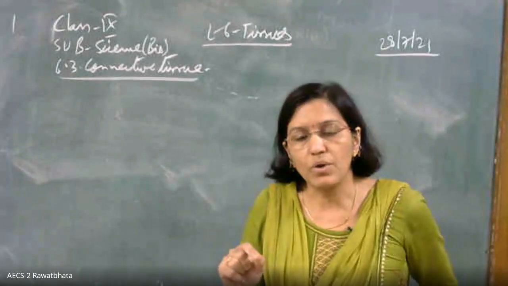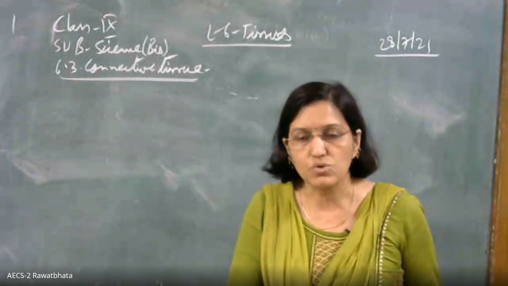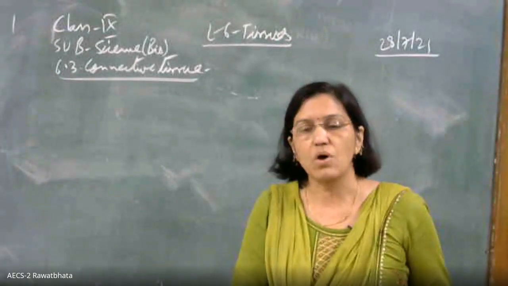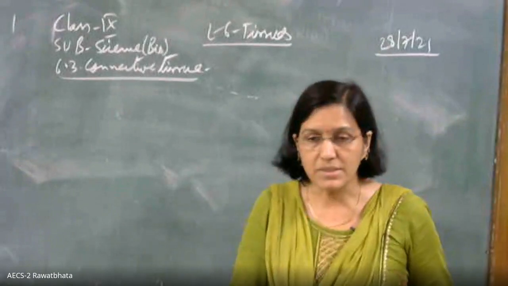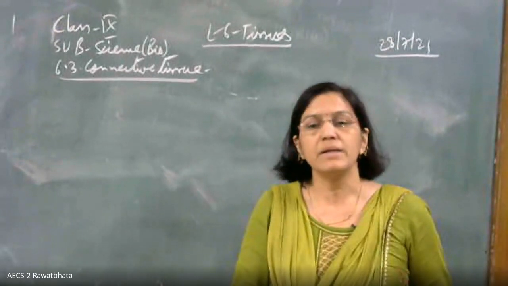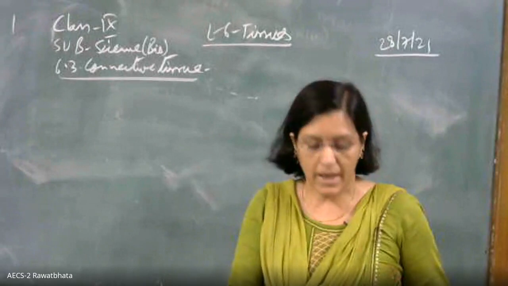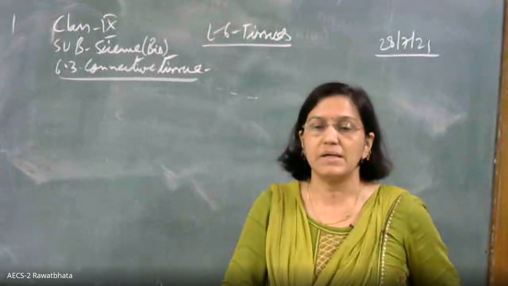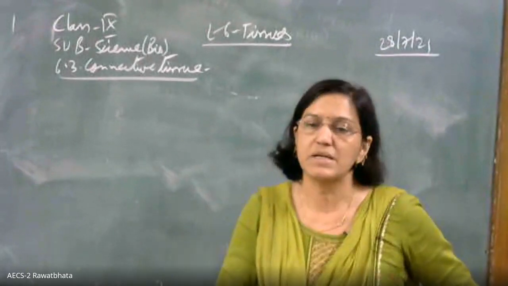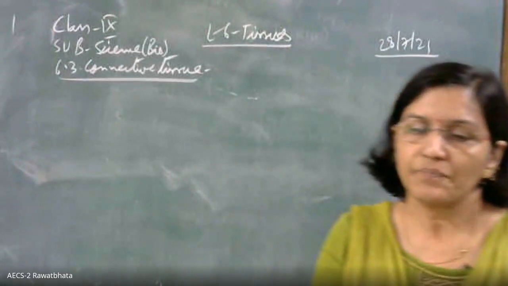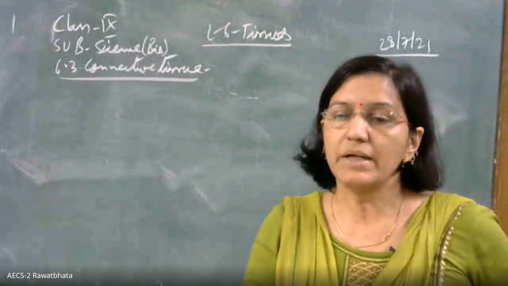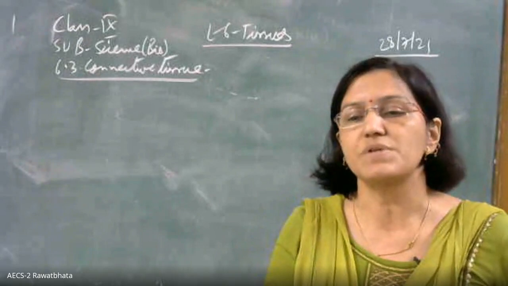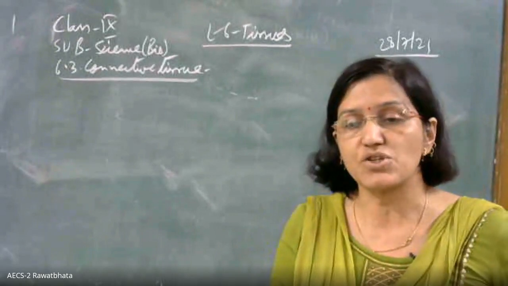Now, if we are going to cover connective tissue which has the solid matrix, then the examples of solid matrix are bones and cartilage. And in this case, the matrix is present in the solid state. In case of bones, it is calcium phosphate, a cement-like substance that keeps the structure hard.